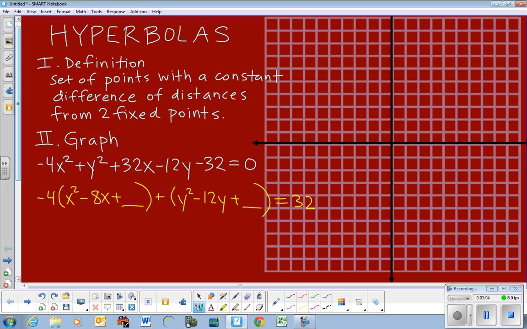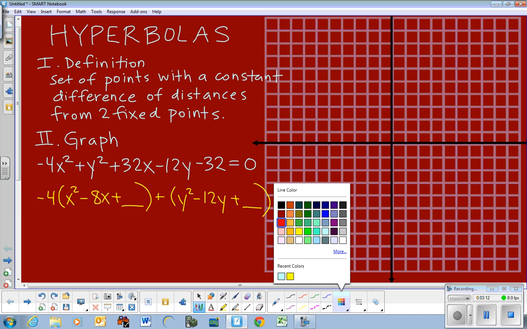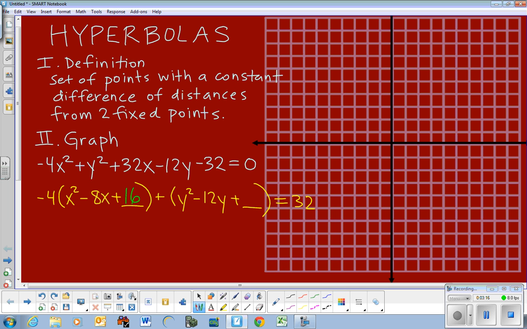Take half of negative 8, which is negative 4, square that, and you get 16. So I'm going to add 16 right here. Now, I didn't add 16 to both sides of the equation. I subtracted 4 16s from the left.